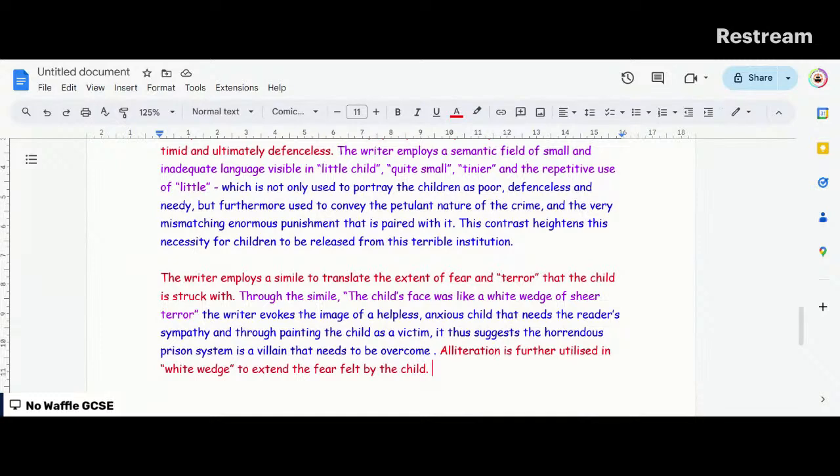And then we can say another point, the later metaphor, the terror of a hunted animal.